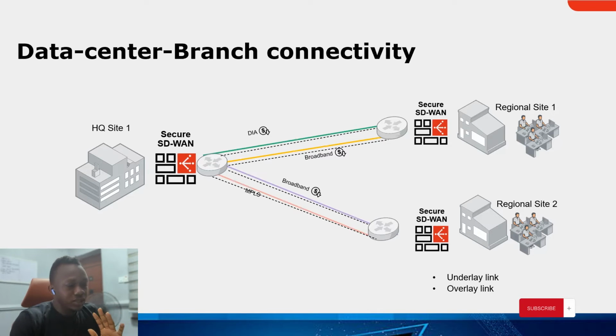One of the traditional ways of doing that before was that most organizations introduced what we know as an MPLS link. The MPLS link is able to create a form of network for the branches and data center so that users at the data center and users at each of these branches or regions can access resources at the HQ or the data center.